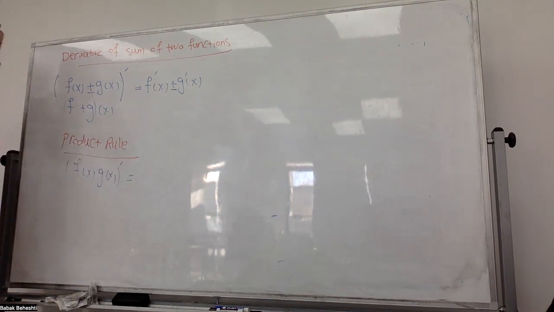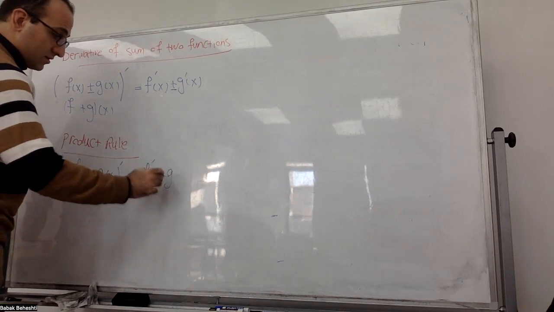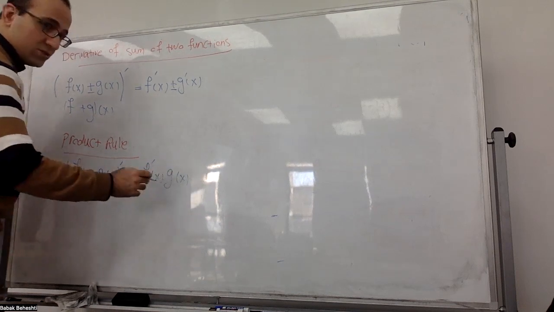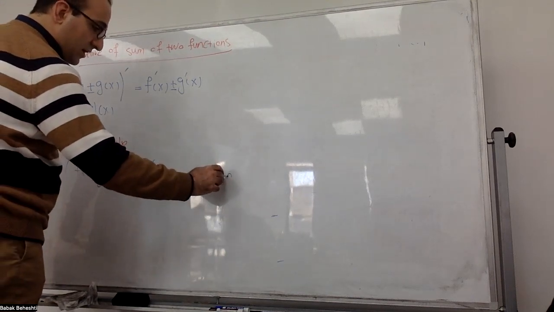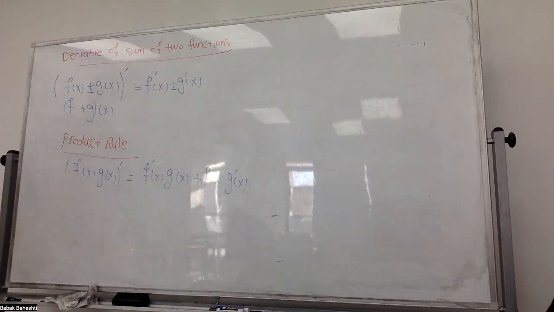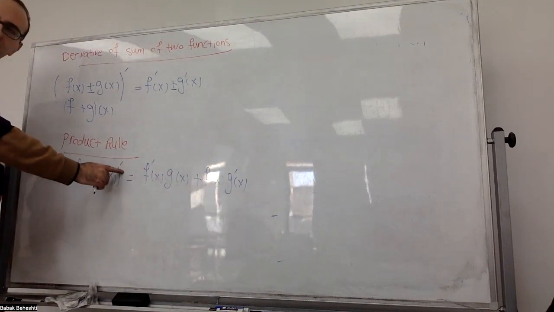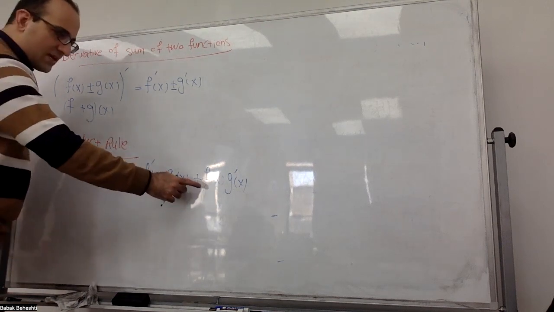This is equal to the derivative of the first one times the second function plus the second function times the derivative of the first function. So the derivative of f times g is f prime g plus f g prime.